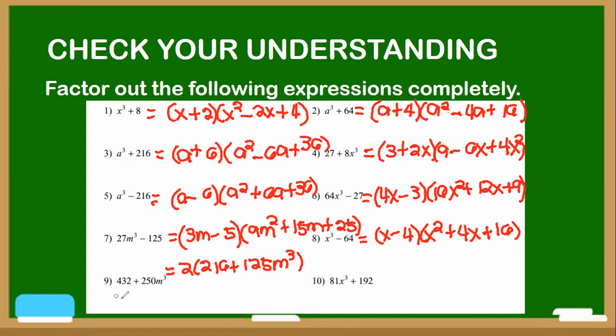So the factors are 2 multiplied by, we can rewrite this as 6 plus 5m, multiplied by 36 minus 30m plus 25m squared.